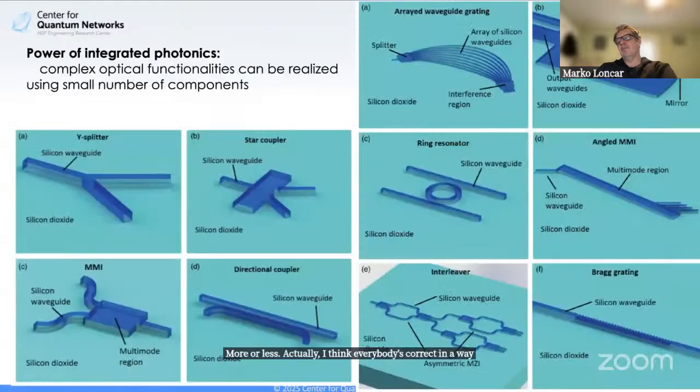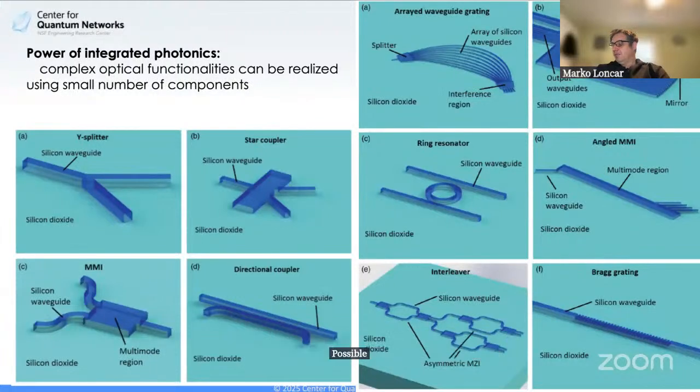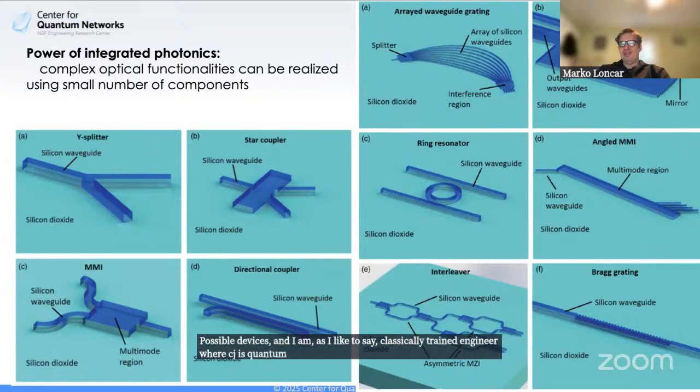Okay, so that thing about photonics is what CJ says. I'd like to drive this home, but slightly differently. The nice thing about photonics is that you can go far in quantum photonics and quantum connectivity by using classical devices. I am, as I like to say, a classically trained engineer, whereas CJ is a quantumly trained applied physicist, I suppose.